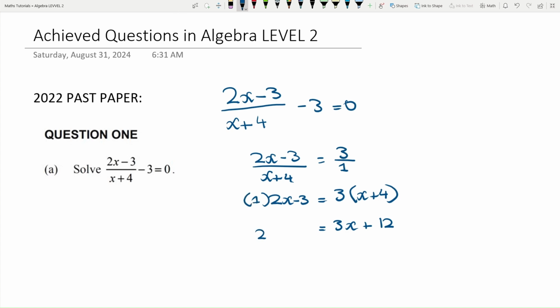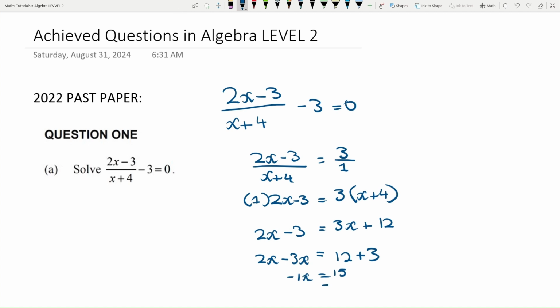So minus 3. We are going to bring all the like terms, like the x values, over here, while bringing the numerical values to the other side. This is going to make 15, and it's going to be negative 1x.